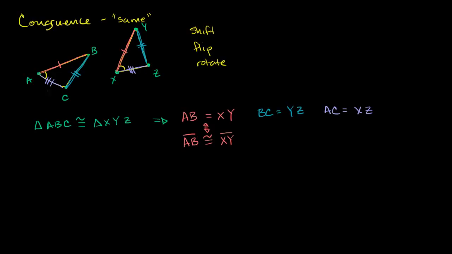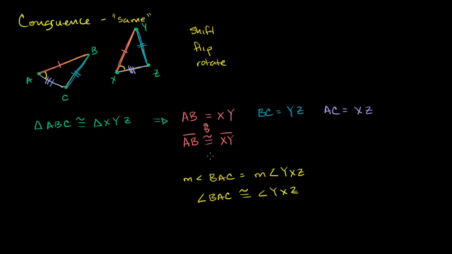And so it also tells us that the measure of angle BAC is equal to the measure of angle YXZ. We could also write that as angle BAC is congruent to angle YXZ.